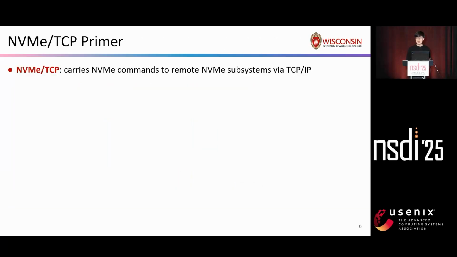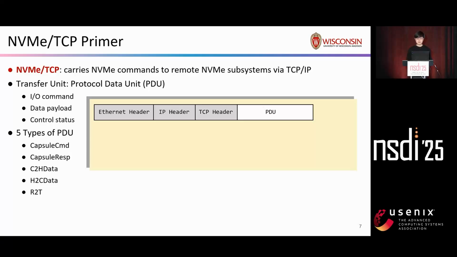NVMe TCP is a high-performance protocol that carries NVMe commands to the remote NVMe subsystems via a TCP/IP fabric. The network packet transferred in the Ethernet begins with the Ethernet header, followed by the IP header and the TCP header, and then the PDU, which is the protocol data unit.